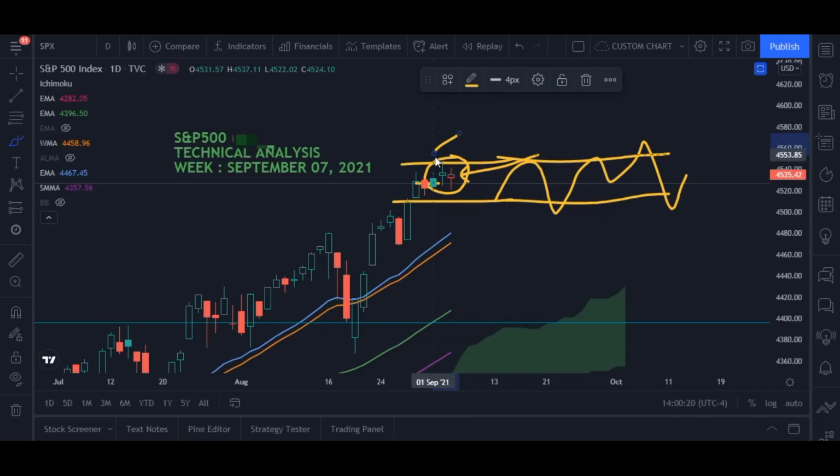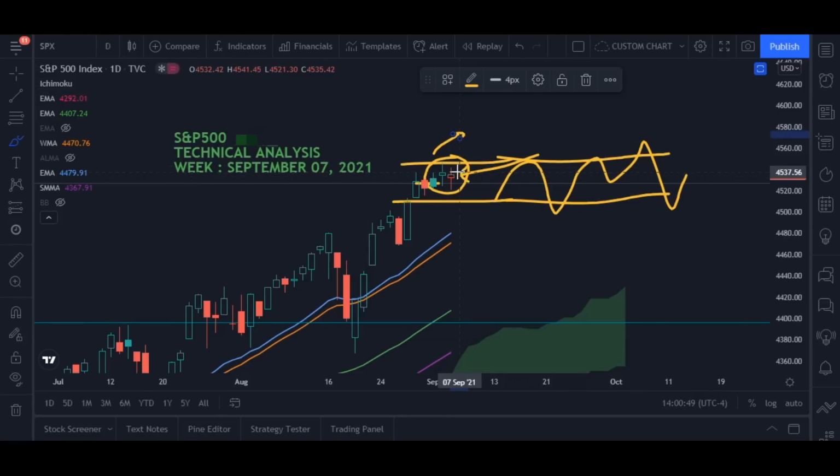It has neither crossed above the upper band of the resistance zone, nor has it come down and closed below the lower band of the resistance zone. This is the point where it is advised that you must not trade, that you must wait until you get a clear trend.